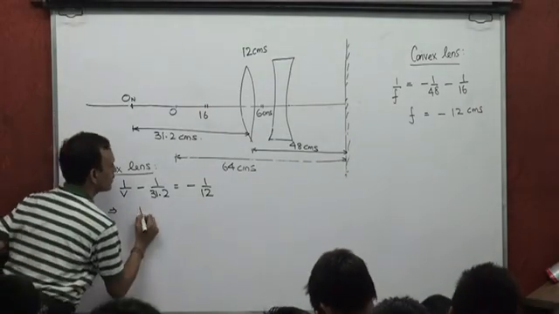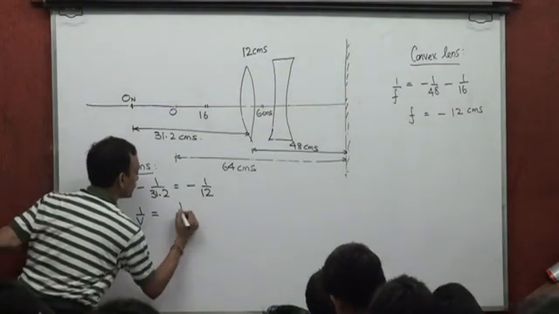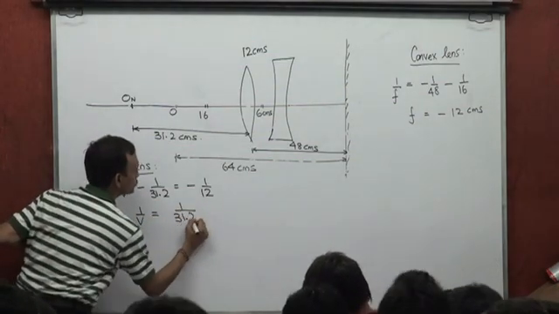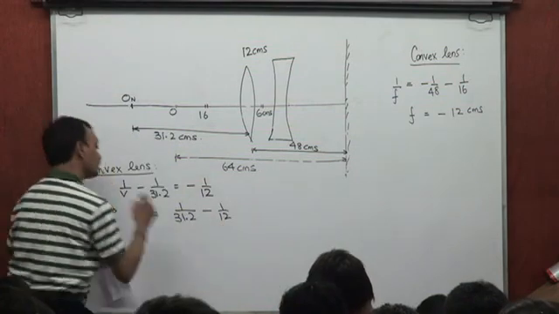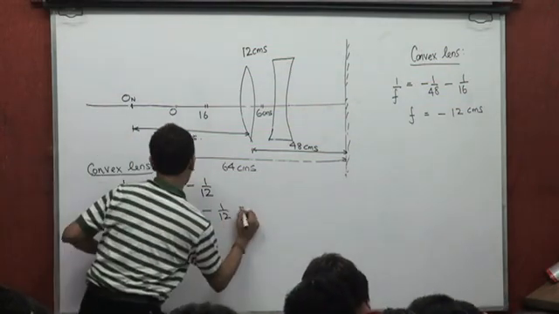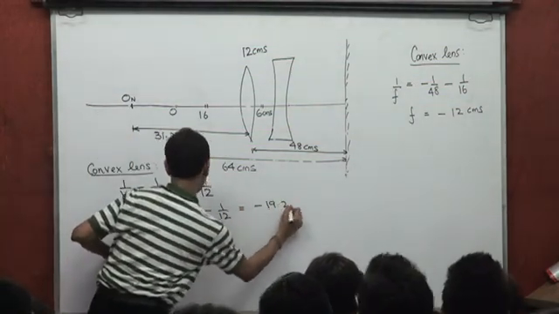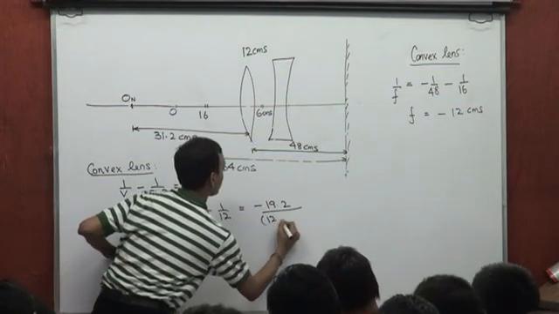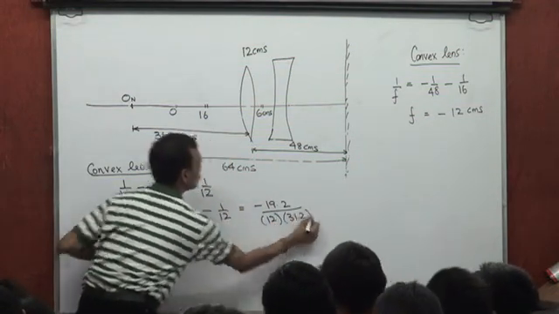So we get 1 by V equal to 1 by 31.2 minus 1 by 12, which is minus 19.2 divided by 12 into 31.2.